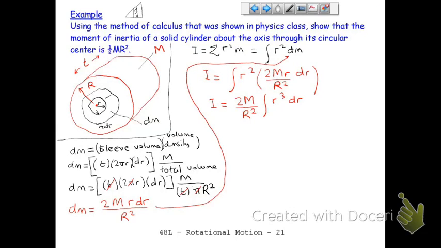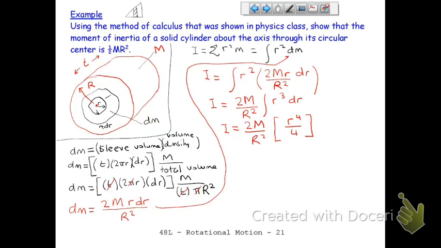My r squared and my r become r cubed, and my dr is my dr, and my 2 is there, and my m is there, and my big R squared is there. Good. Oh, well, this is going to be I is equal to 2m over R squared, times r to the 4th over 4? Yeah. That's my integral. And now the limits.